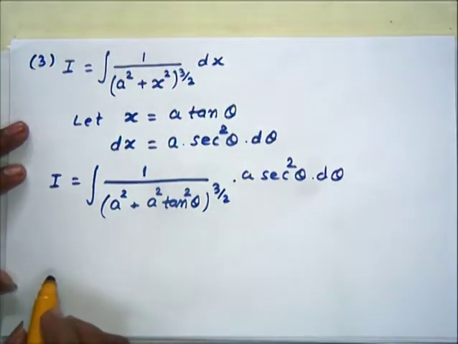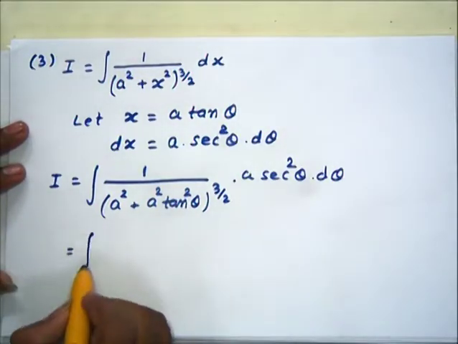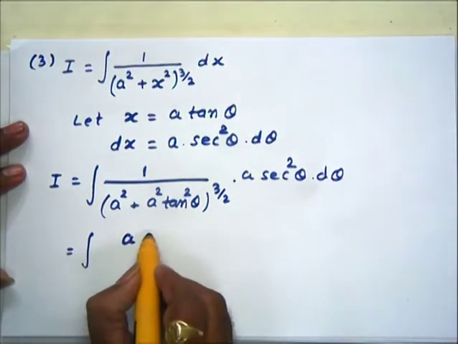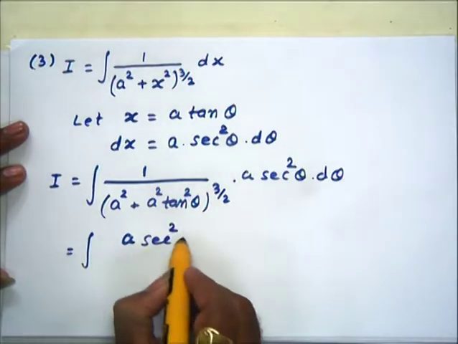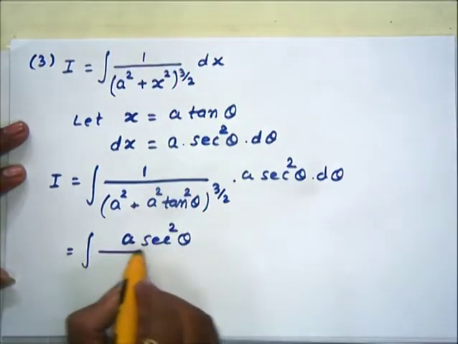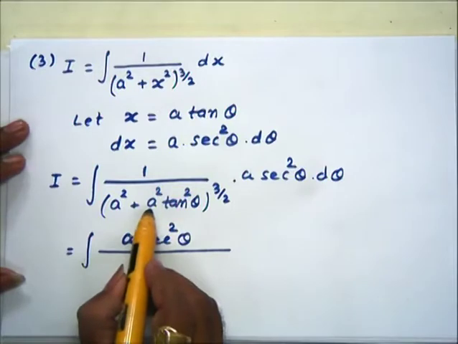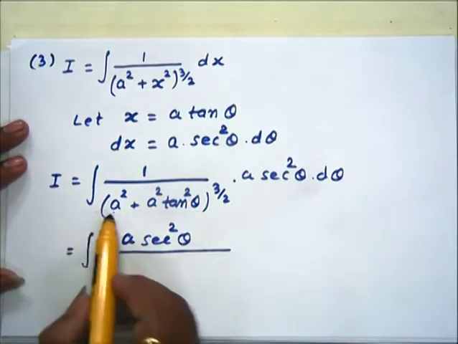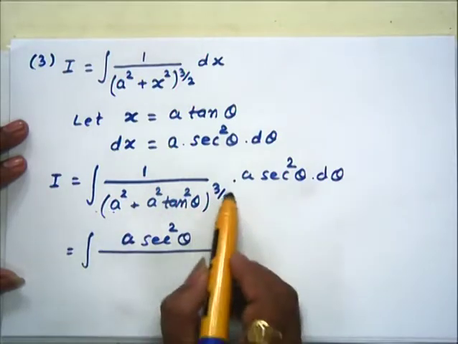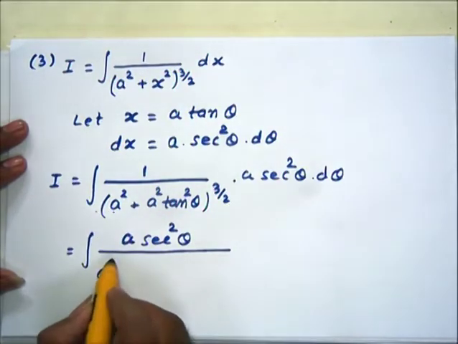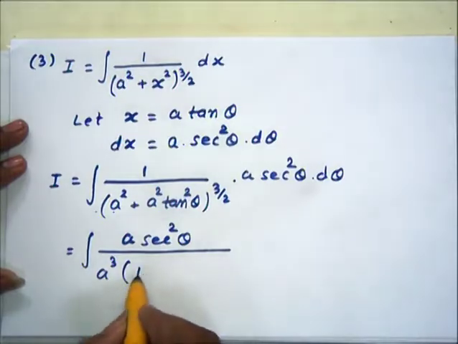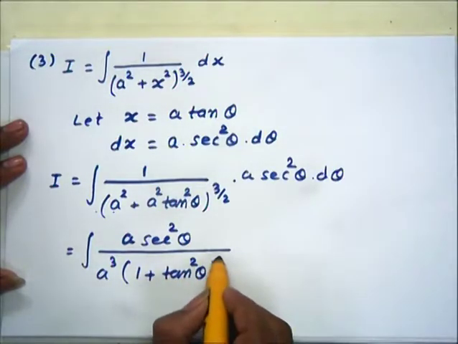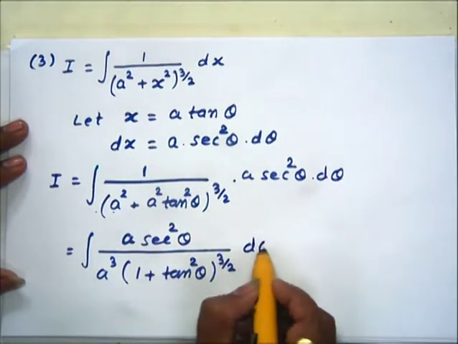Integration a sec square theta upon, we can take a square common. If you take a square common, then there is the power a square raised to 3 by 2. So you will get a cube in the bracket 1 plus tan square theta whole raised to 3 by 2 d theta.